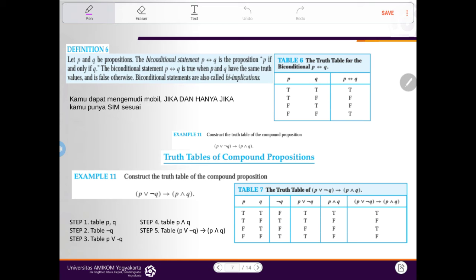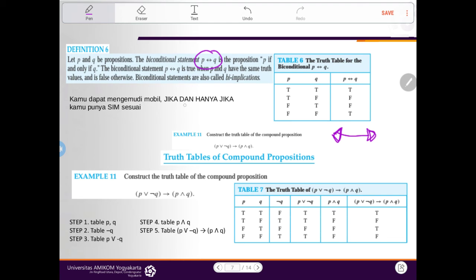The biconditional statement is written like this, the arrow with both sides. If and only if in English, or jika dan hanya jika in Bahasa.